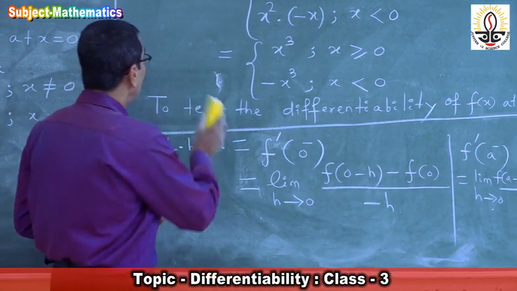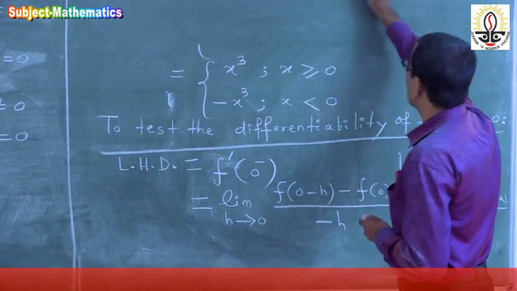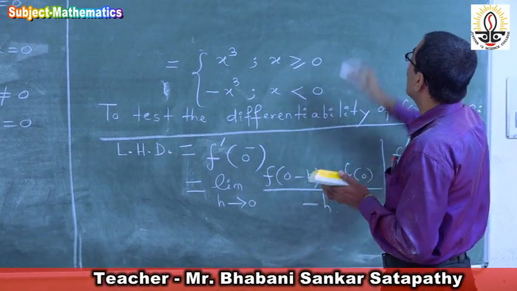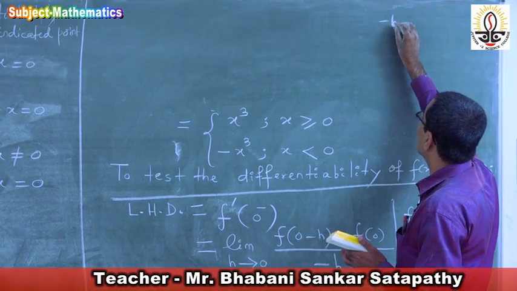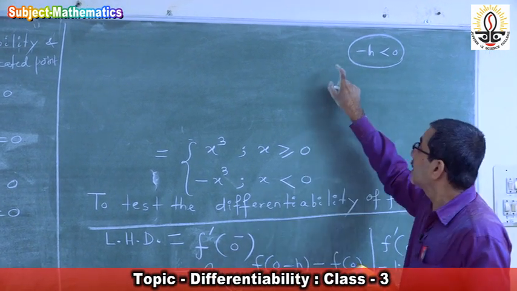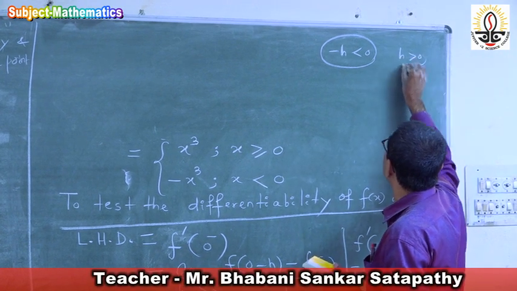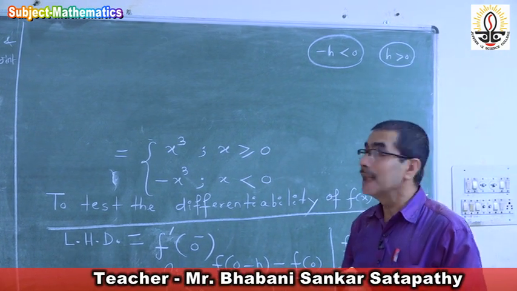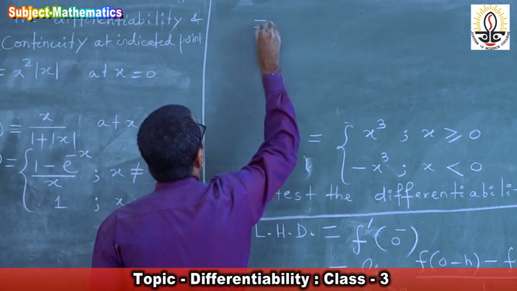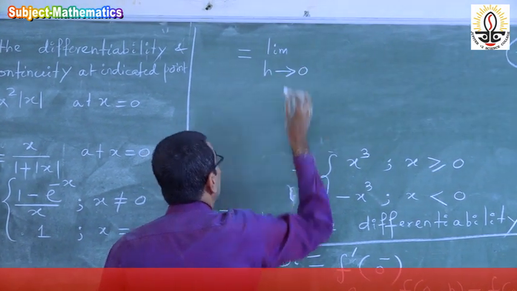Now what will be the value of f of 0 minus h? 0 minus h means minus h, and minus h means less than 0, because h is greater than 0. Therefore this limit is equal to limit h approaches to 0.